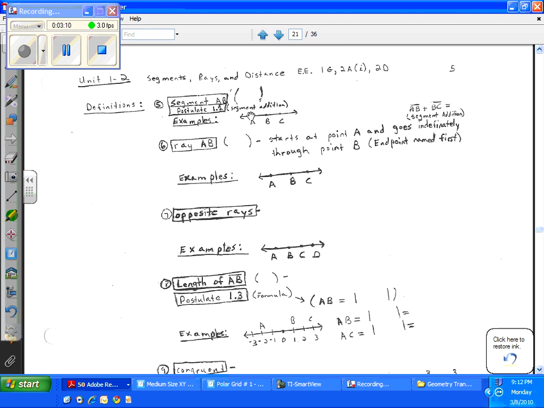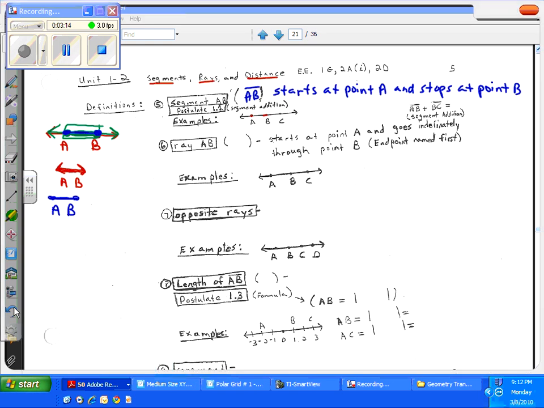Now, if we think about segment AB on this line, with point A, point B, and point C on the same line where point B lies between point A and point C, we could conclude that AB plus BC would then be the whole thing, AC.